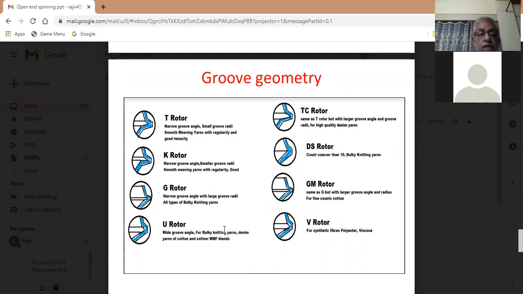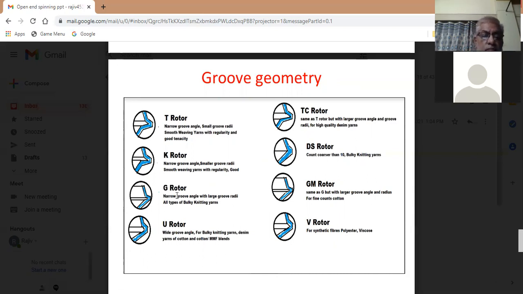This type of rotor is having narrow groove angle and smaller groove radii, and it is generally used for weaving yarns, and it results in smooth yarns with regularity, and it is having good tenacity. So we can say that T and K rotors are used for weaving yarns and for regular yarns, for good tenacity yarns and smooth yarns.